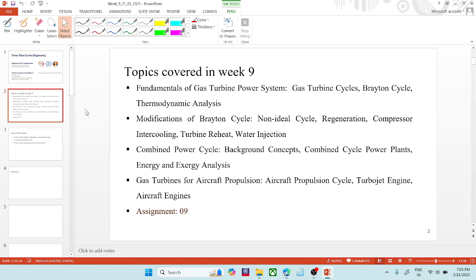In the past week, what we have covered is the fundamentals of the gas turbine power system, in which we learned about the gas turbine cycle, the Brayton cycle, and thermodynamic analysis of the Brayton cycle.